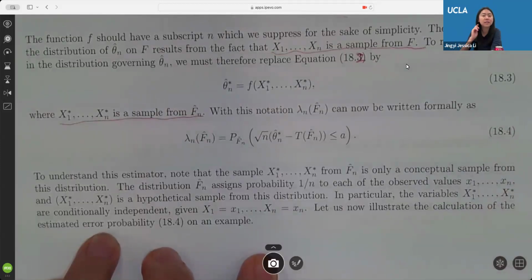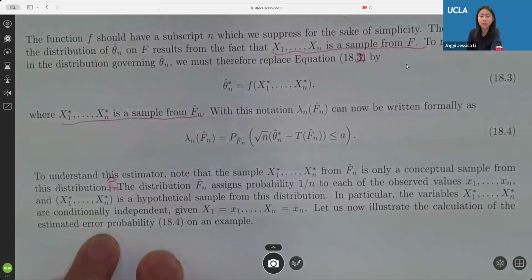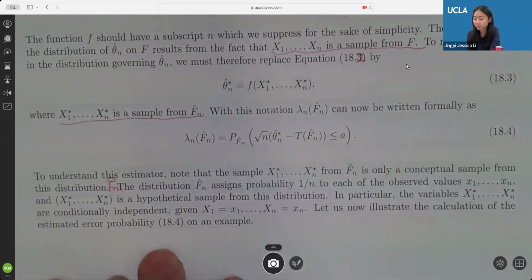Okay, to understand this estimator, know that the hypothetical sample X1 star to Xn star from F_n hat is only a conceptual sample from this distribution. The distribution F_n hat assigns probability, like I said, 1 over n to each of the observed values X1 to Xn, the sample's observed values.